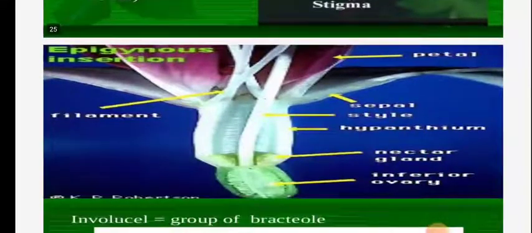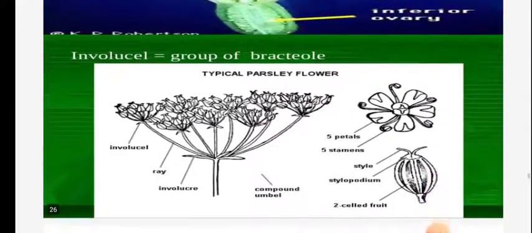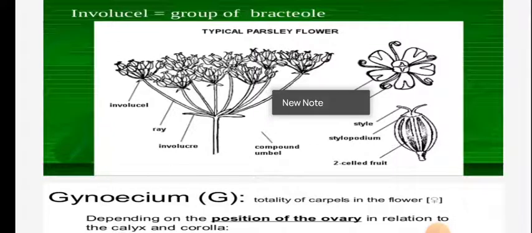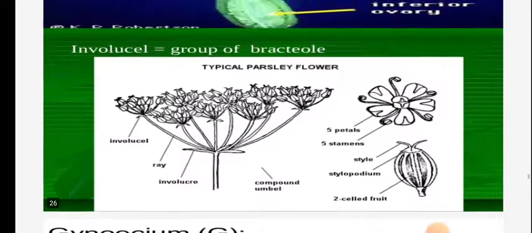So these different flower conditions are there, hypogynous, epigynous. Then bracts and bracteoles are there. I think you know our Coriandrum, कोथिंबीर आपण म्हणतो. So it shows this type of inflorescence, compound corymb type, umbel type of inflorescence.